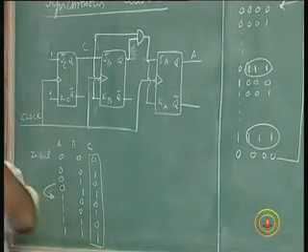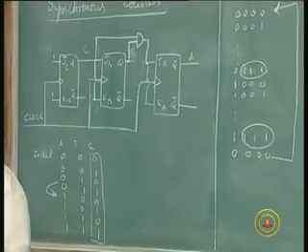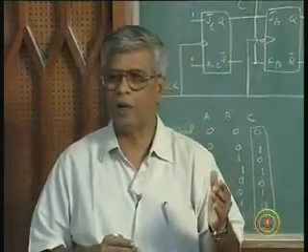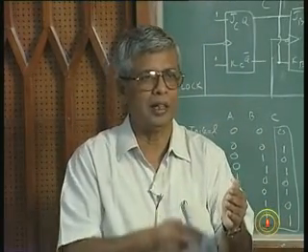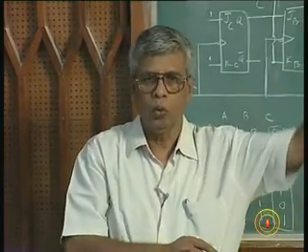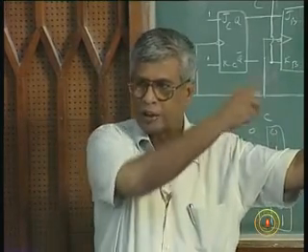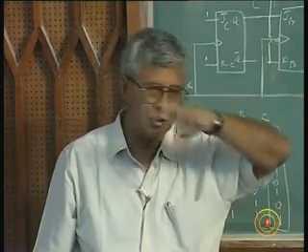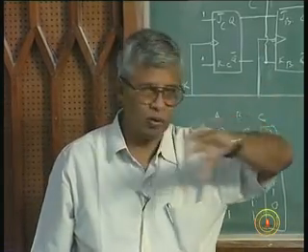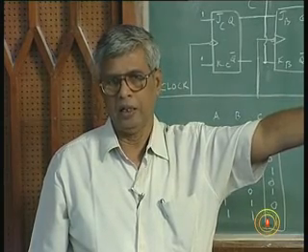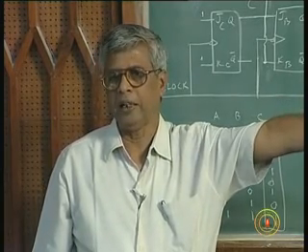Any flip flop will change the output after 1 propagation delay. Earlier, the second flip flop would change the output after 2 propagation delays. Third flip flop changes the output after 3 propagation delays. Fourth flip flop changes the output after 4 propagation delays, and so forth. That is why we found that it is not possible to carry on with a long chain, because the total propagation delay should be less than the clock period.